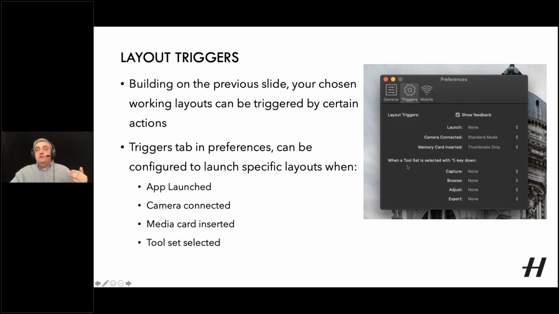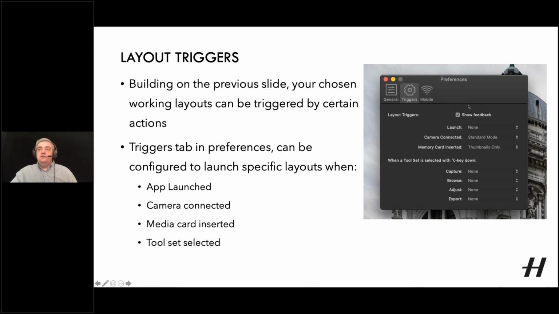Additionally, when you launch certain tool sets, so when I click on the capture tab or the adjustment tab and I hold the option, or if you're on a Windows machine, the Alt, basically that can trigger a particular look for tools and again the layouts of the screen. So rather than spend too much time talking about it here, we'll go through it in a little bit of detail once we get to the live software side of things.